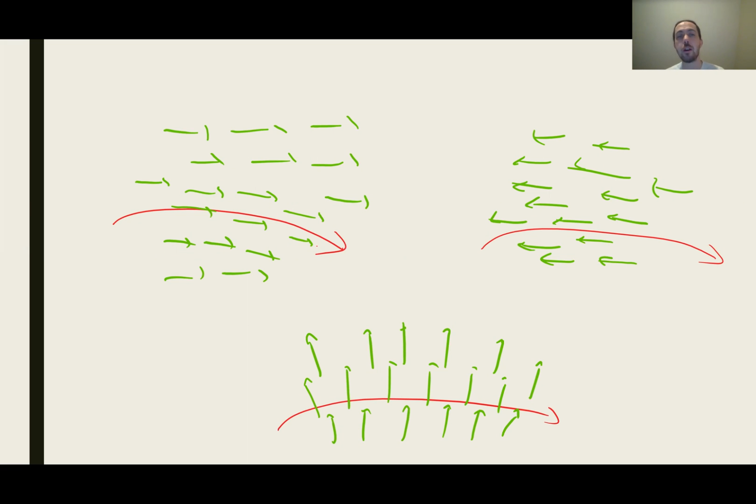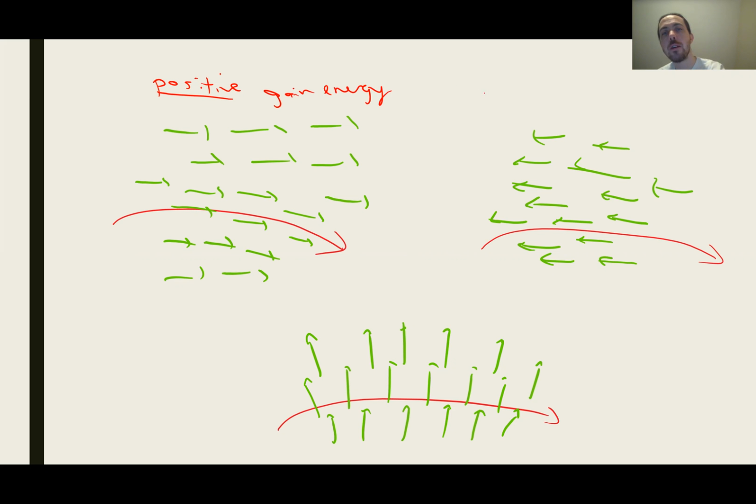Here on the left, we've got an object moving through a vector field. In this case, the vector field is moving in the same direction as measured by all of these green arrows. And so when the object moves through it, we get a positive contribution. It gives us a total net gain in energy.